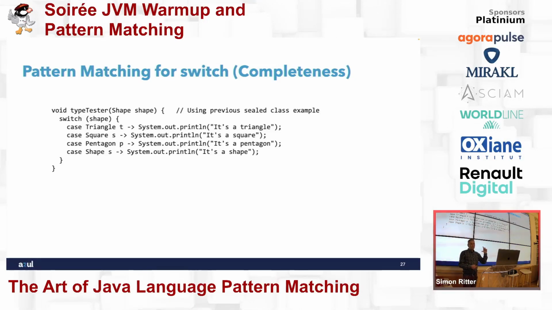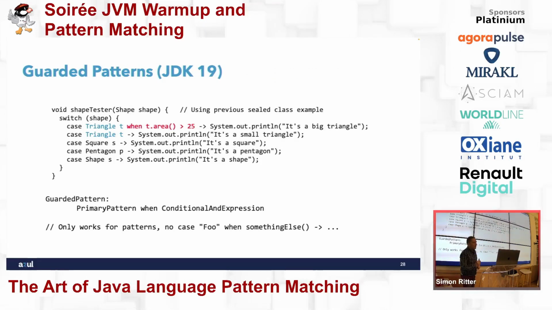That covers all possible types in that hierarchy. There are no other types that can exist in that hierarchy, so we do not need a default. It is complete. Now you might say, well, hang on, what about isosceles and equilateral? But remember, those are subclasses of triangle, so they're caught by the triangle case. So that will work. It is still complete.